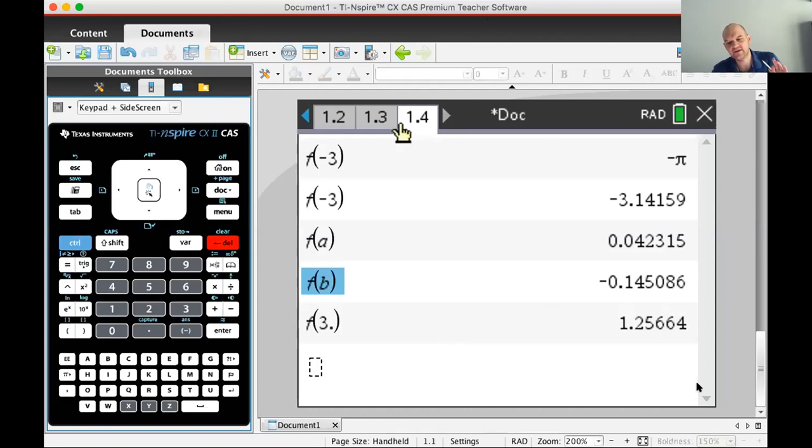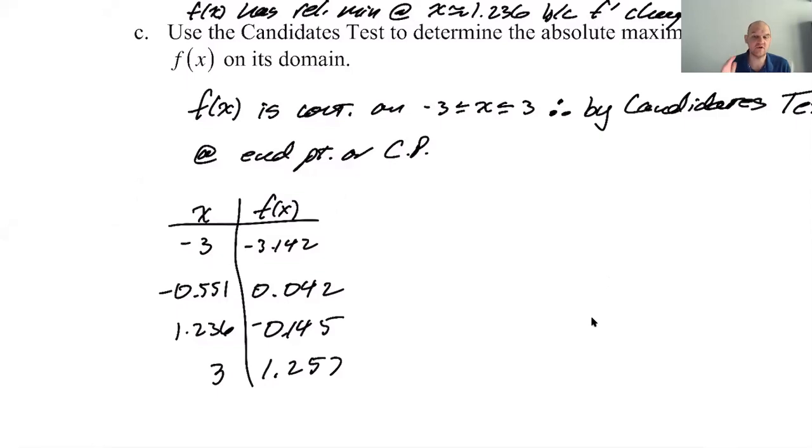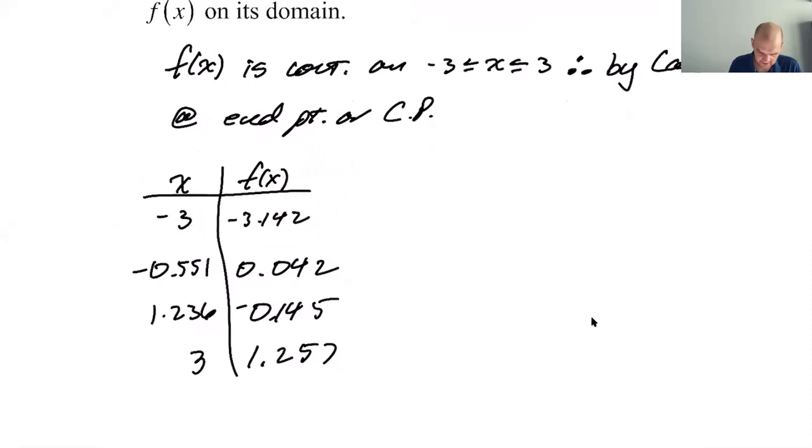The absolute minimum is the smallest y value that you have, because it has to have an endpoint or a critical point, and you made a table that contains all of the values of the endpoints and the critical points. So the absolute maximum will be at this endpoint, and the absolute minimum will actually be at this endpoint.